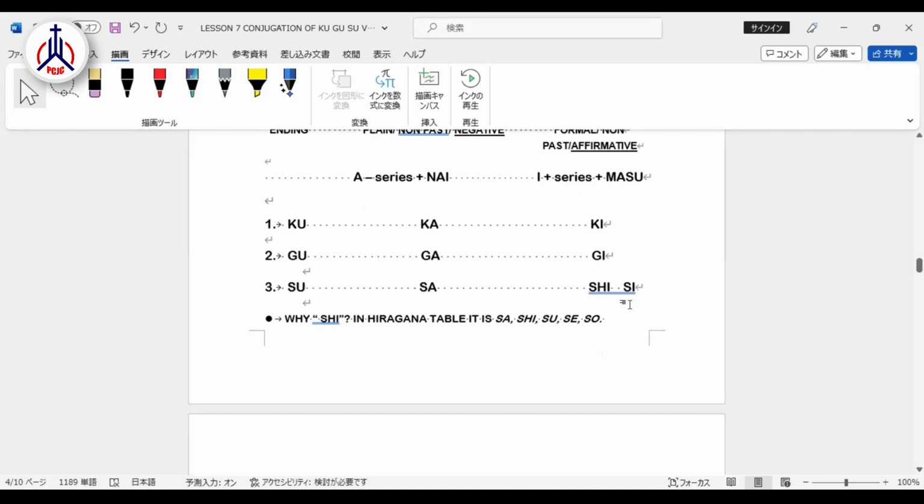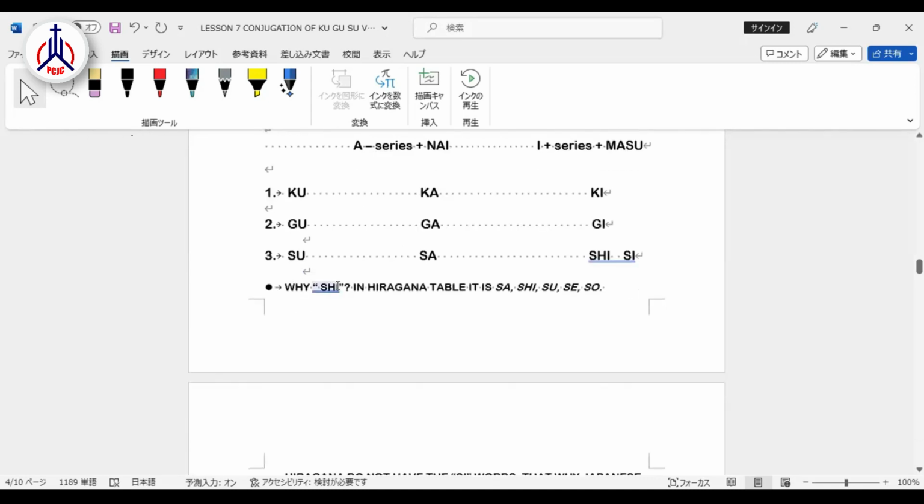But in the Japanese hiragana, why shi in hiragana? Because in the hiragana table, you have this, Brother Iqbal gave you this: sa, shi, su, se, so. There is no C in Japanese hiragana.